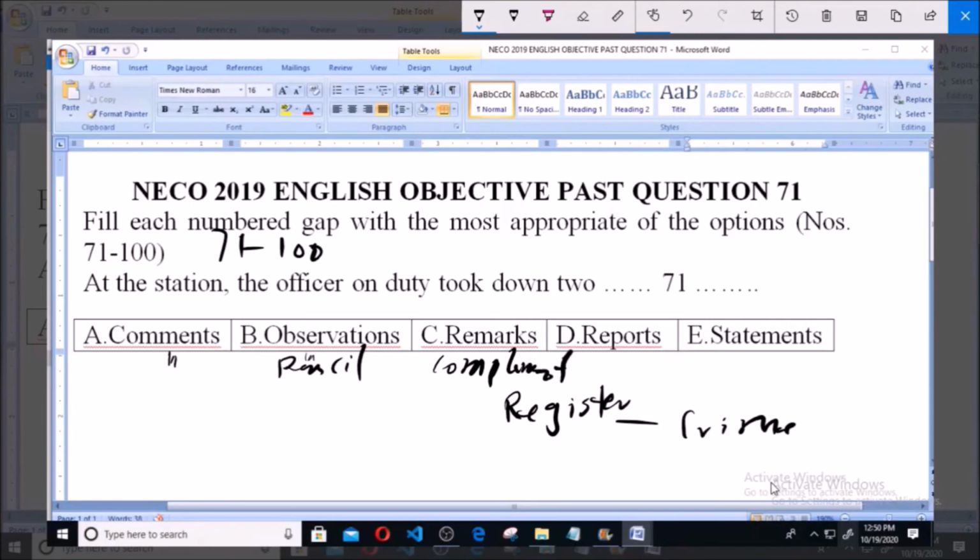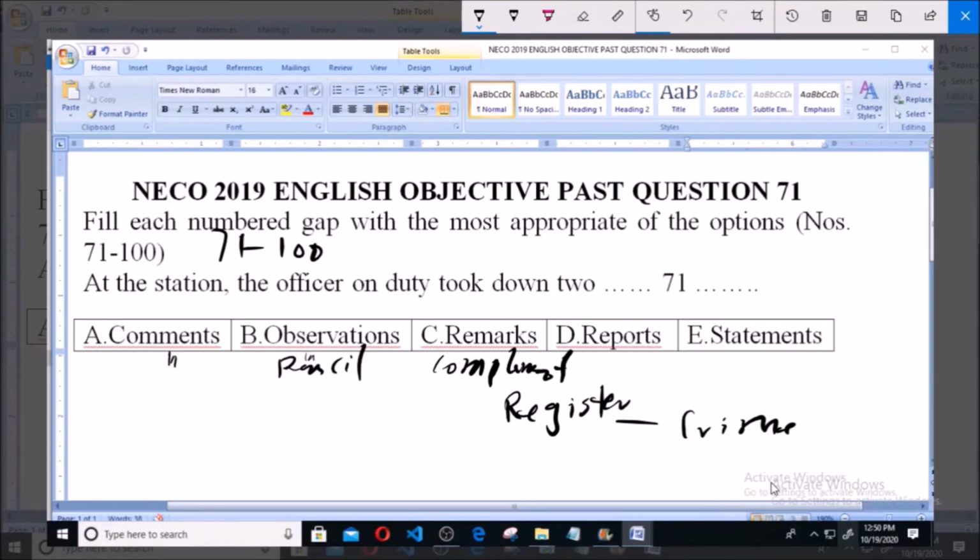But in the form, there's a certain form that they give to complainants, and under the form there is where they write remarks, but it is not the primary function of an officer on duty. Then reports, they don't take down reports. Yes, they only take down statements, and that's why whenever you go to the station, they'll ask you to come and write statements.